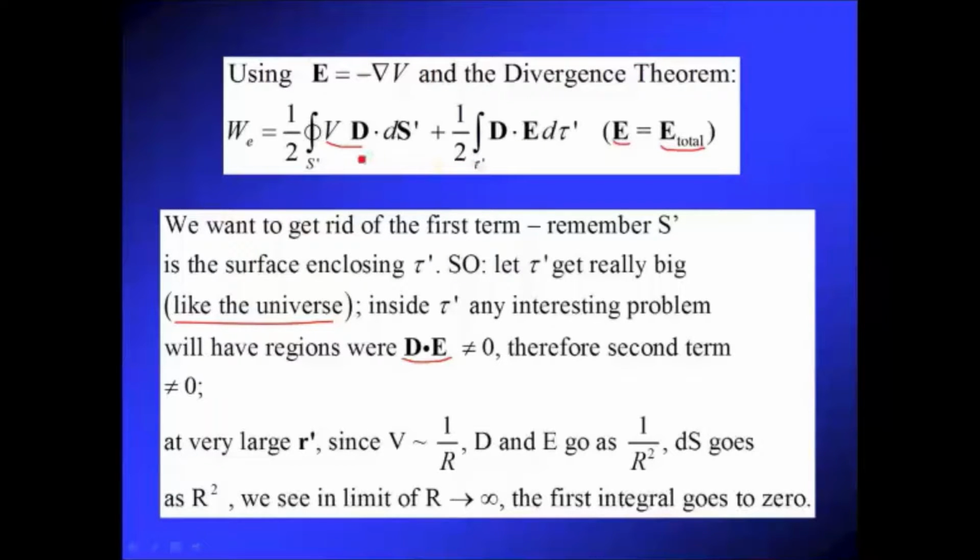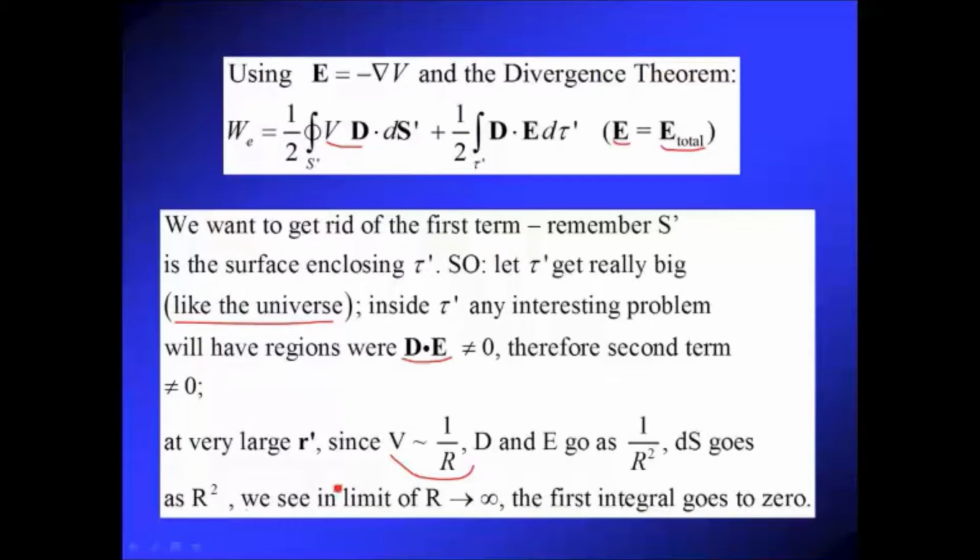This term here, if you remember, we did similar things for the E field. If you have a particular voltage in terms of say a charge distribution, eventually the V will just simply go as the distance, 1 over r. D and E go like a Coulomb's law, 1 over r squared. And dS goes as r squared.